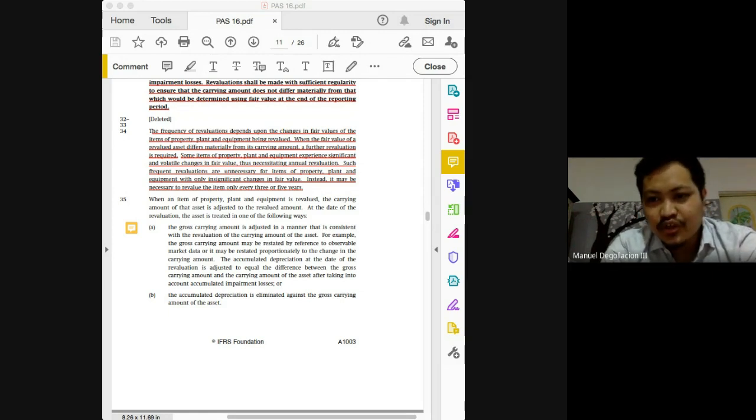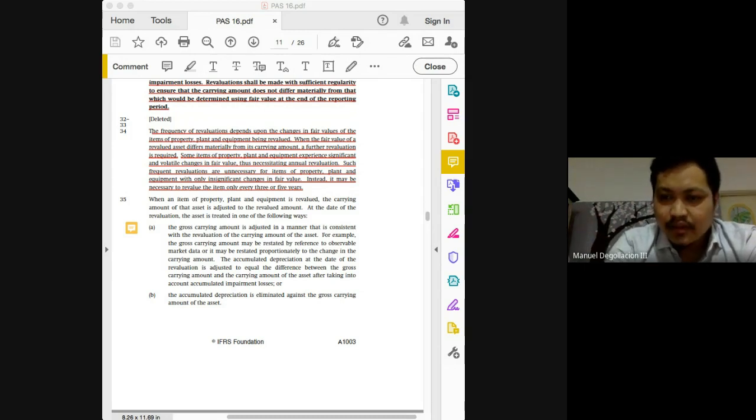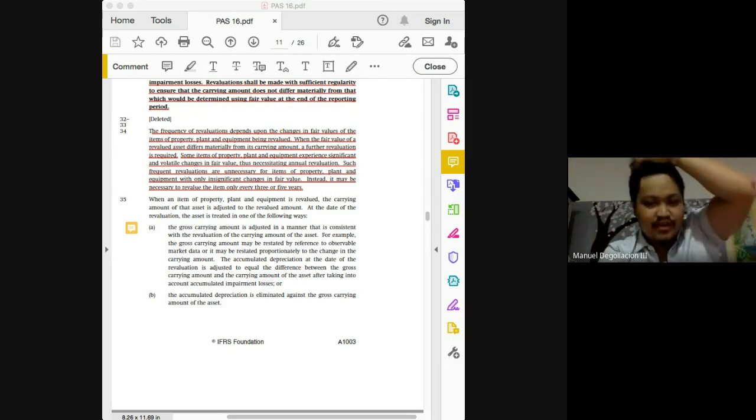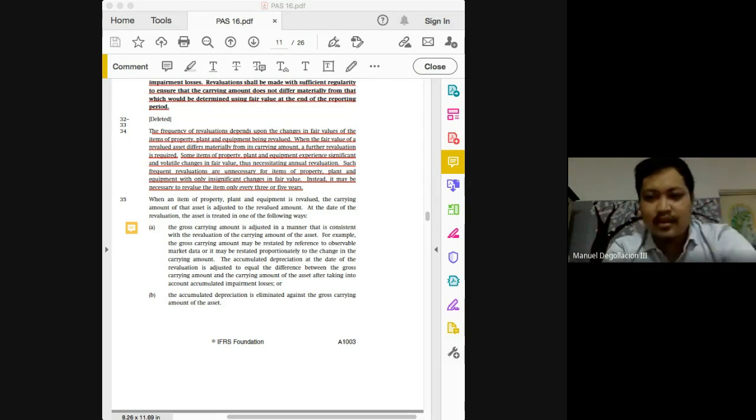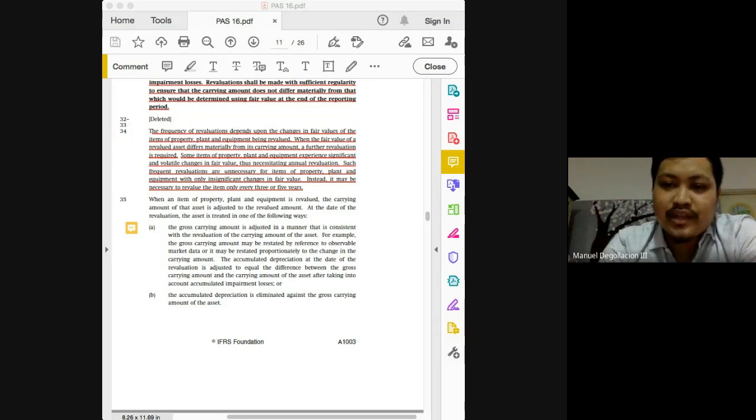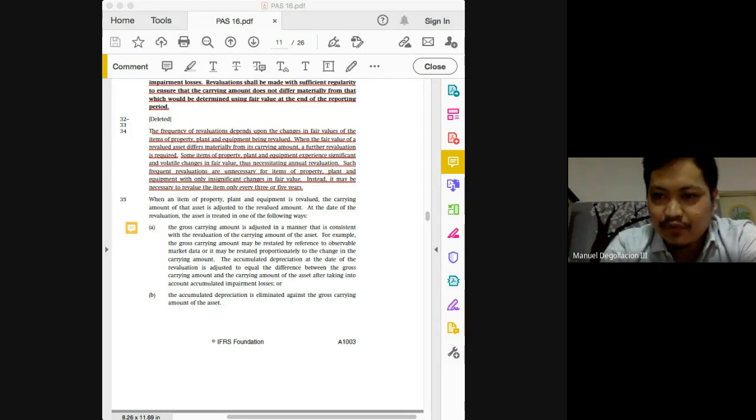Proportional approach, slow and gradual reduction to your accumulated depreciation, whereas in your elimination approach, you reduce to zero or you completely eliminate the accumulated depreciation, so that every after revaluation class, if you use the elimination approach, the balance of your accumulated depreciation will be zero.